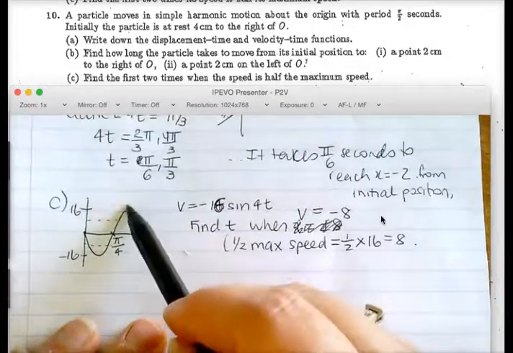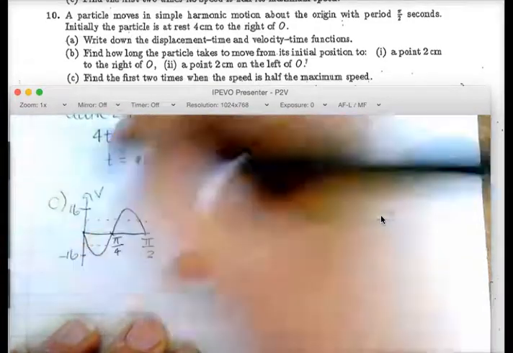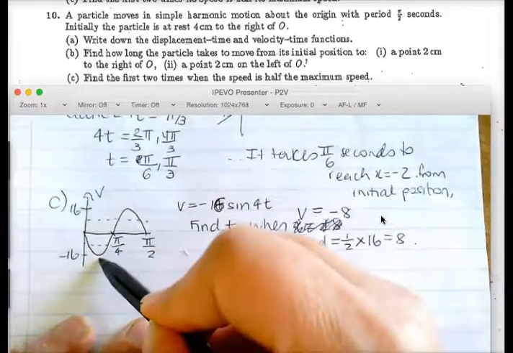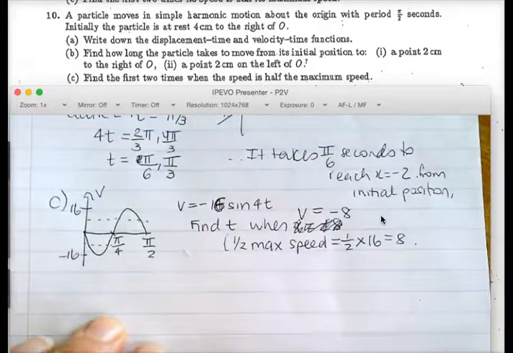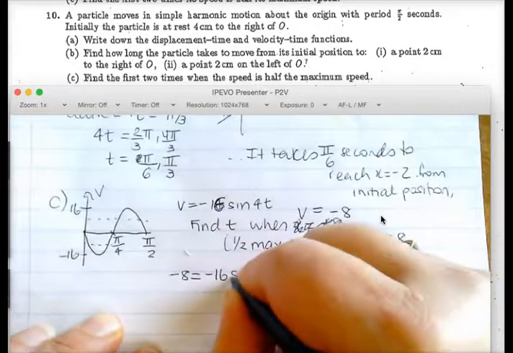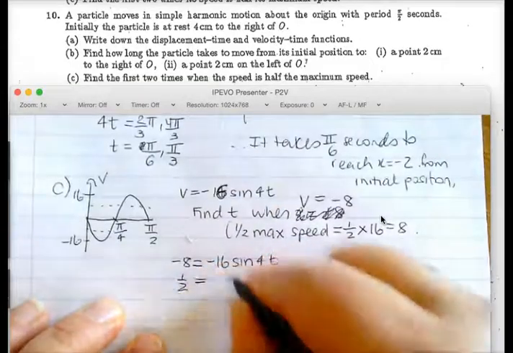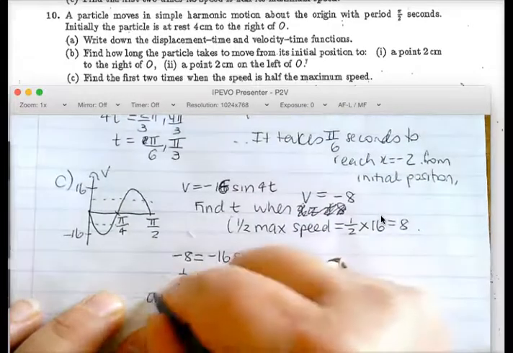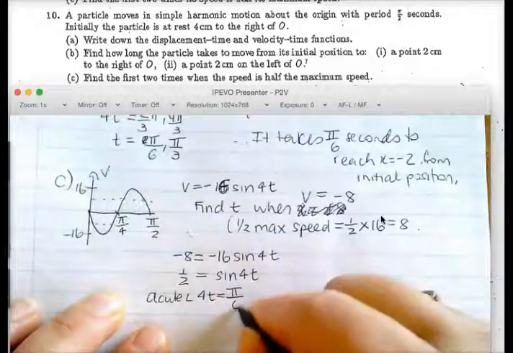So, half max speed. Well, the maximum speed's 16. It's the maximum of the velocity curve. Yeah. Well, that's the max, and that's the max. 16? Because that's what the question says. Oh, okay. All right, so now I go -8 equals -16 sine 4t. -8 over -16 is positive 1/2, is sine 4t. Sine of what is 1/2? Acute angle 4t is, well, sine of 30, so it's pi on 6.